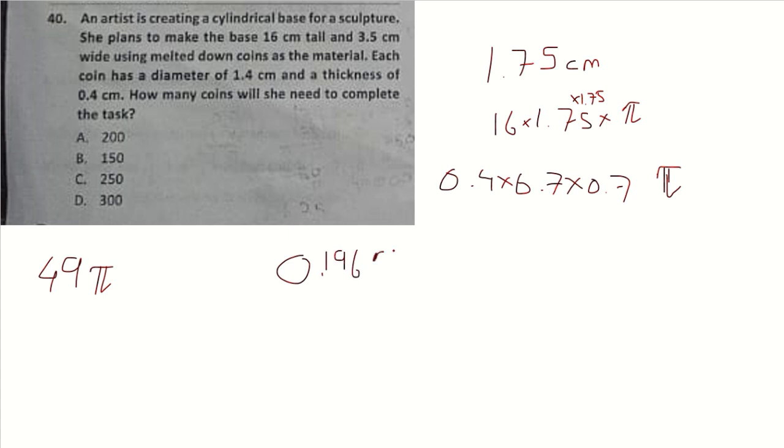We don't need to include the pi, it will remain constant. And when we divide them, 49 divided by 0.196, we get 250. So the pi upon pi gets cancelled. The answer is 250, option C.